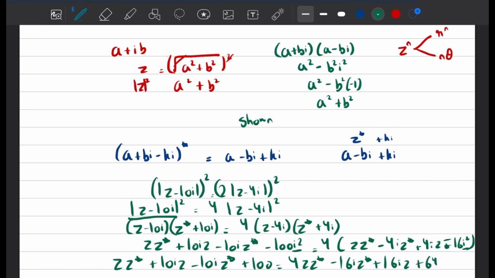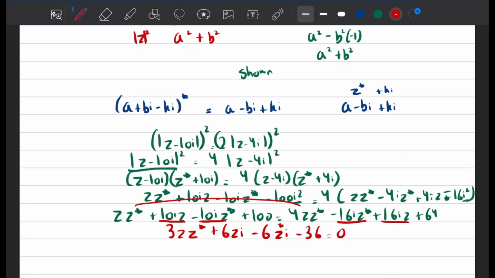Now, let's shift everything, bache, to one side. So 4zz conjugate, when zz conjugate comes to the other side, it's going to become 3zz conjugate. Got this? Then when 10iz is shifted here, it's going to become plus 6zi. Then minus 10iz conjugate, when shifted here, will be minus 6zi conjugate. You get this? And then when 100 is shifted there, it's going to be minus 36.